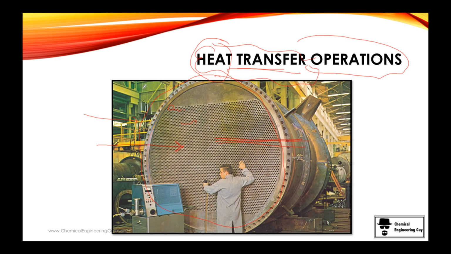In this section we study the industrial application and how we heat on huge scales, very large amounts of material, tons per second, tons per day, etc. If you recall all the heat operations, we talk about heat exchangers, boiling, condensation, and those are the most common, but of course you can have freezing and melting.